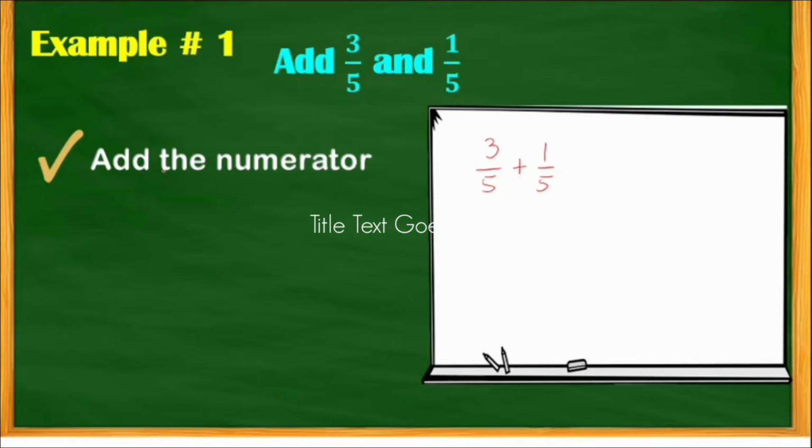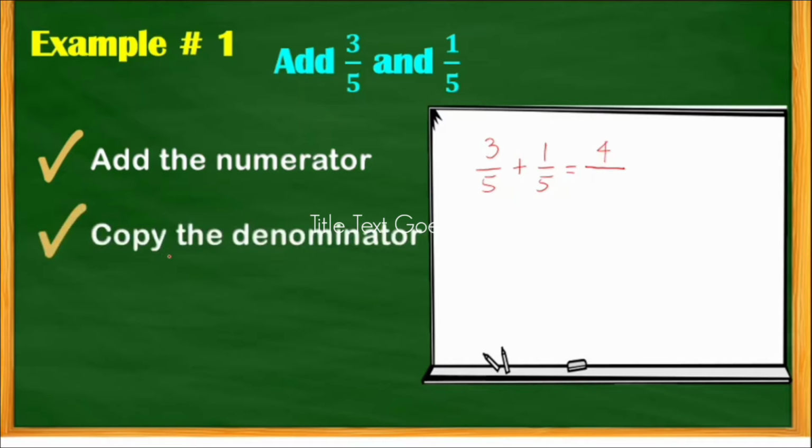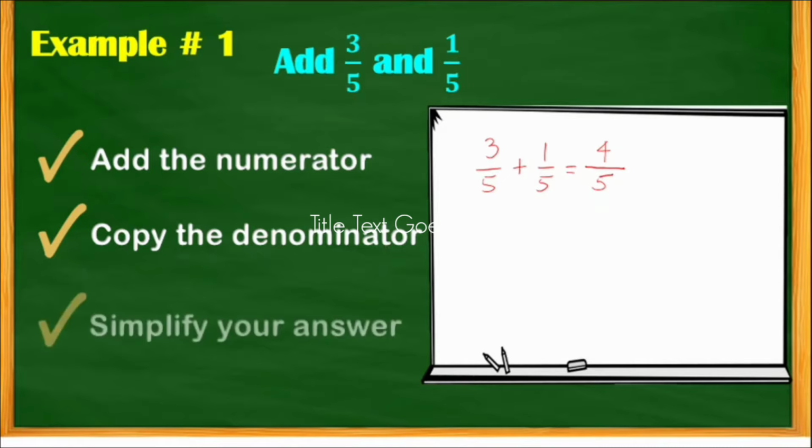The first step is add the numerators. This will be the fraction bar. Add the numerators, 3 plus 1 is 4. The second step is copy the denominator. The denominator is 5. And then, simplify your answer. So, this would be our answer.